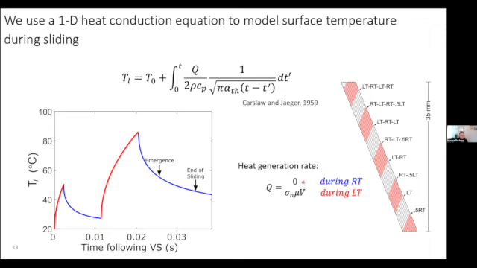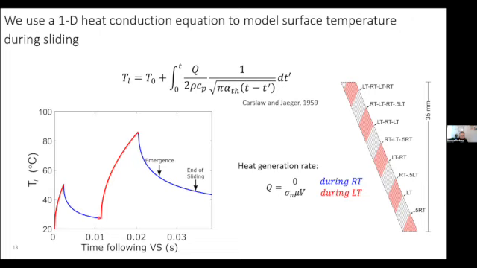During lifetimes, that heat generation rate becomes the product of our macroscopic normal stress, so 9 MPa, our friction coefficient, and the sliding velocity. And so this is an example from a pixel that I modeled temperature for. This experienced a partial lifetime, so our temperature increases during that partial lifetime. Then a rest time, when it's out of contact, that heat generation rate goes to 0, and so we get a decrease in surface temperature.